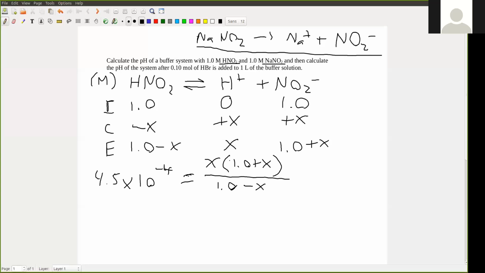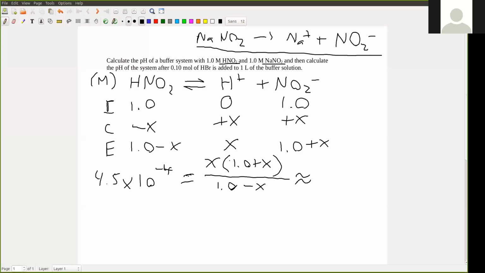But because 4.5 times 10 to the minus 4 is so small, we're going to use an approximation method wherein we say that X is going to be small enough that adding it or subtracting it from 1 molar is not going to change the concentration by any significant amount.